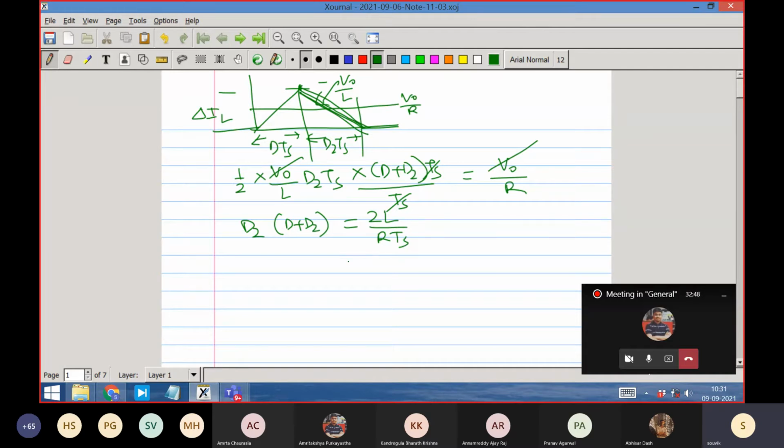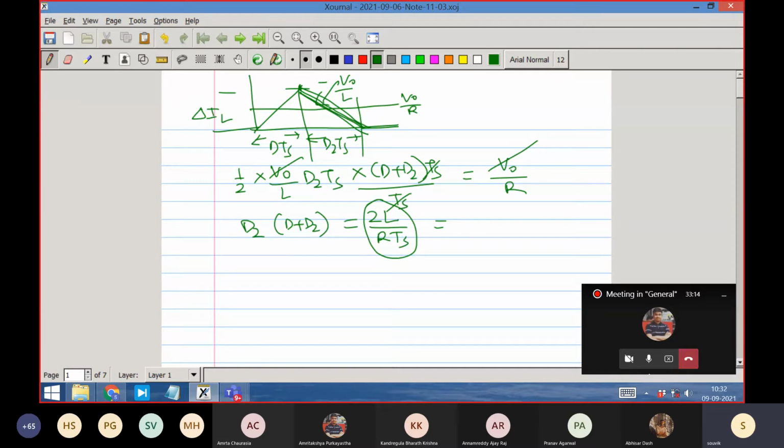Okay, so you can see that this is a condition. This is a constant, formed by the parameters that we have chosen for the converter. So 2L by R Ts is called the critical conduction parameter, or K crit. This is named as a coefficient of the converter. That means they have a similar impact, which I was describing earlier.